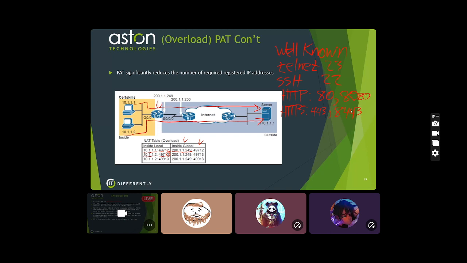These are well-known, established port numbers that are utilized for a specific thing. We just learned about another one earlier in this lecture. What is the port number BGP uses?